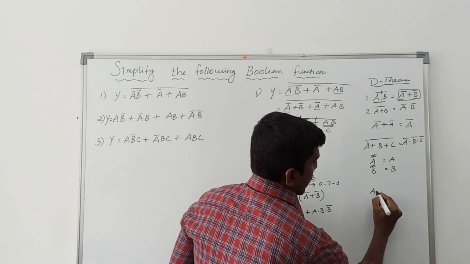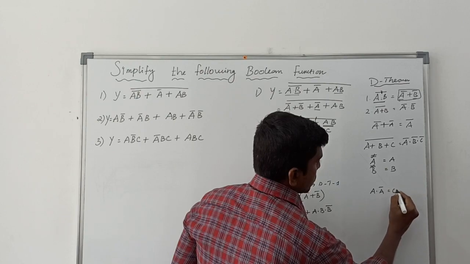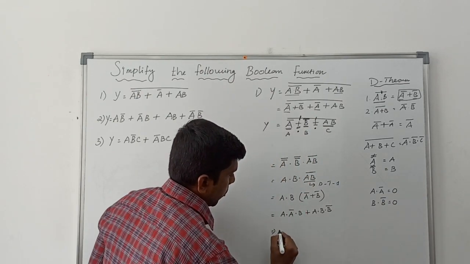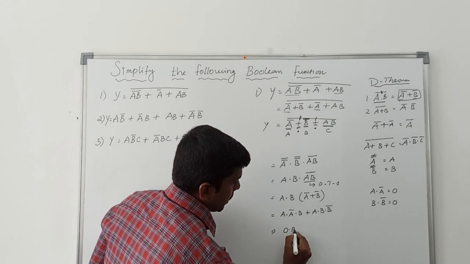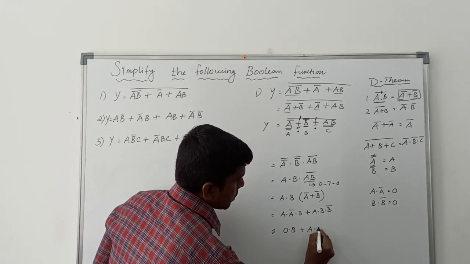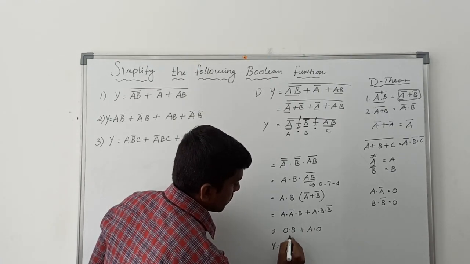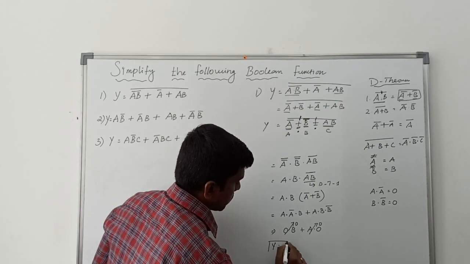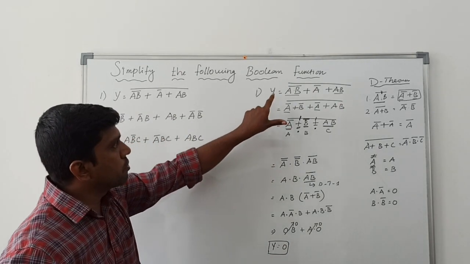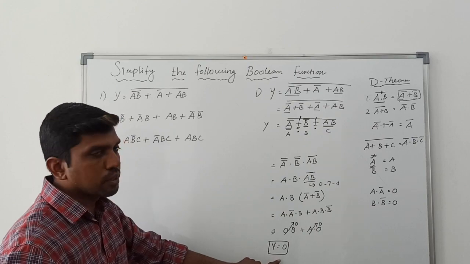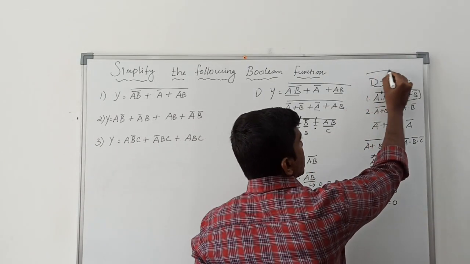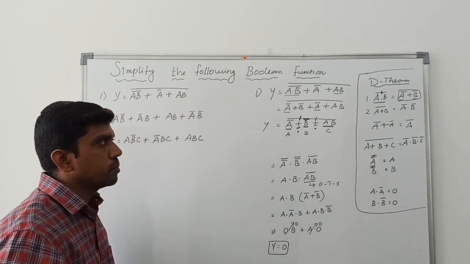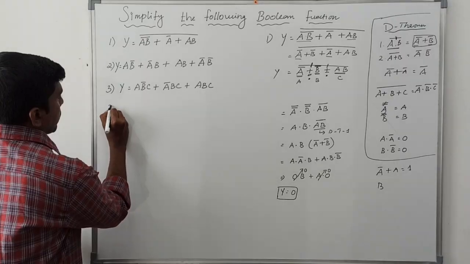Here A dot A bar equal to 0 and B dot B bar equal to 0. So 0 dot B plus A dot 0; this term goes to 0, this term goes to 0, so Y equal to 0. After simplification of this Boolean expression, the Y value equals 0. These laws and theorems we already discussed in the previous video; kindly refer to it. Then go to the second problem.